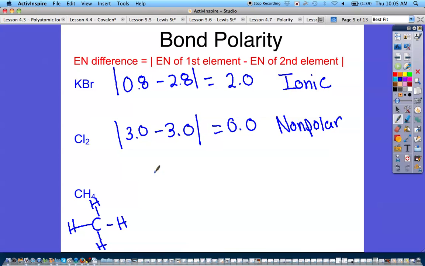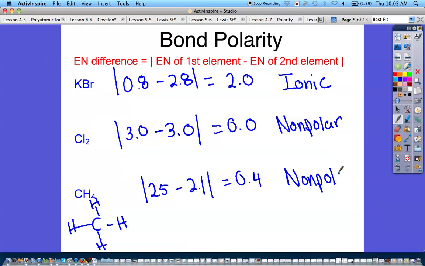So you only have to calculate the electronegativity difference once. The electronegativity of carbon is 2.5, and the electronegativity of hydrogen is 2.1. This is going to give us a difference of 0.4, and this is going to be a nonpolar bond because it is equal to 0.4.